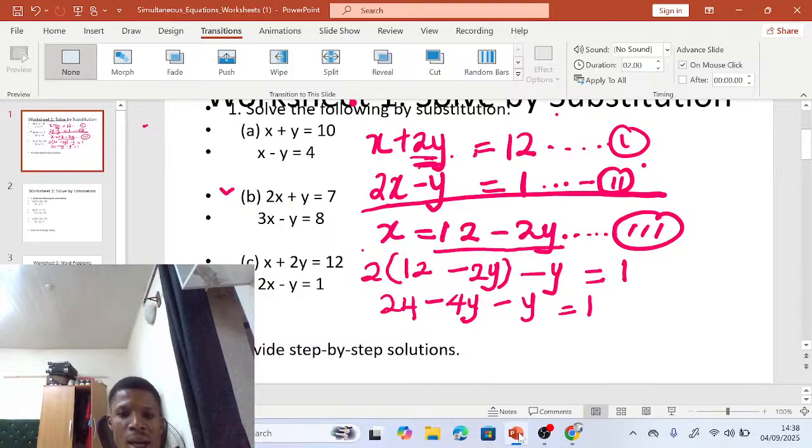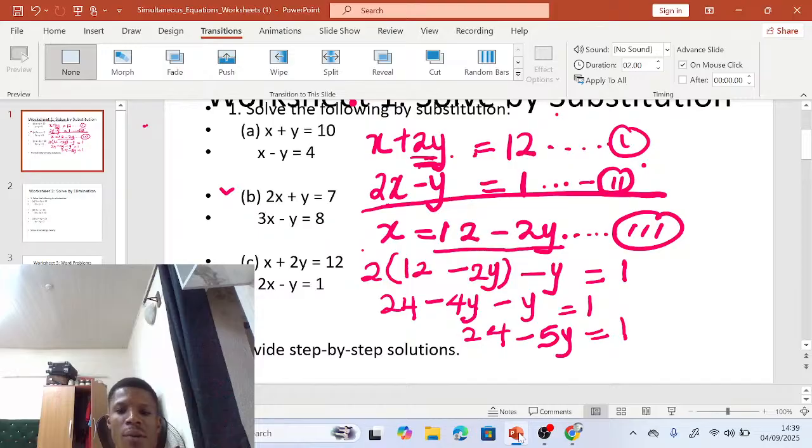So we have minus 4y minus y. We have it as 24 minus 5y is equal to 1.